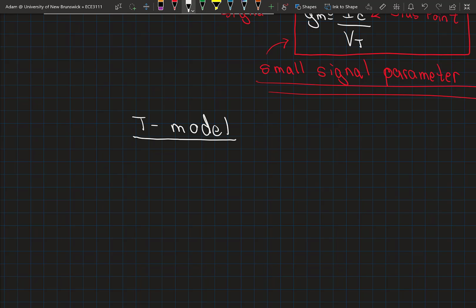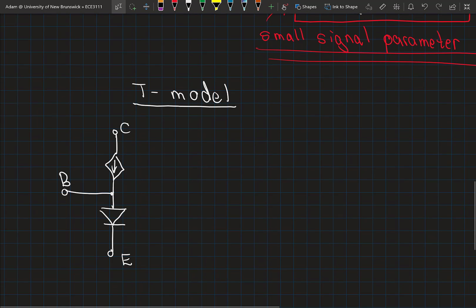So going back to our T models, we looked at a few lectures ago, we developed a model for our BJT that looked like this, where we represented the junction between the base and emitter as a diode, and we represented the collector junction as a controlled current source.